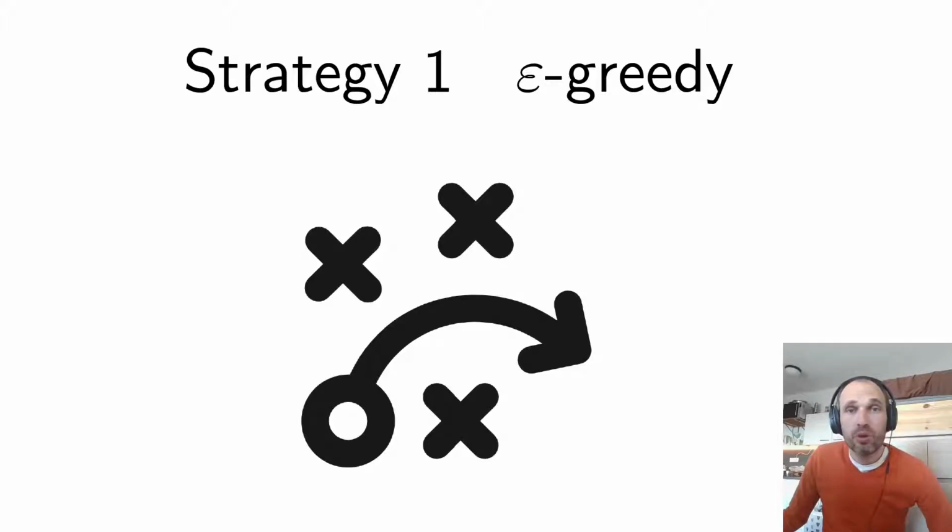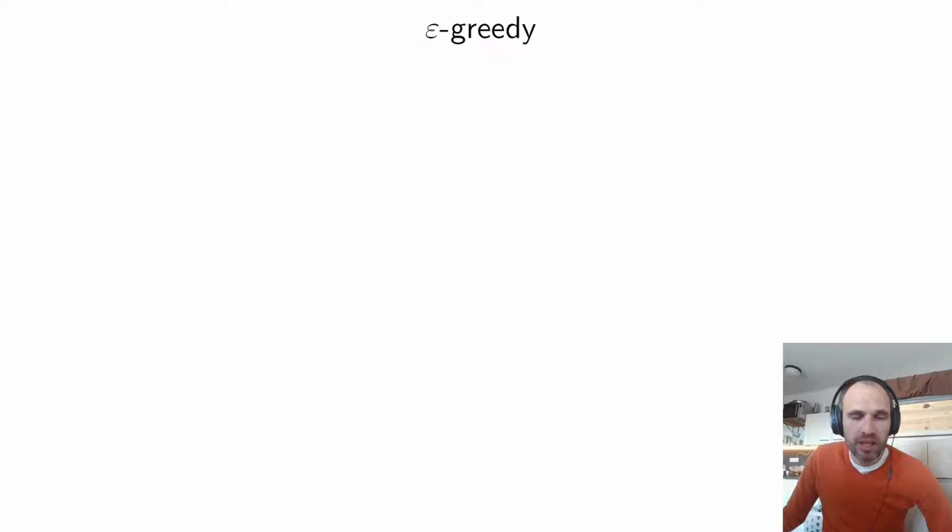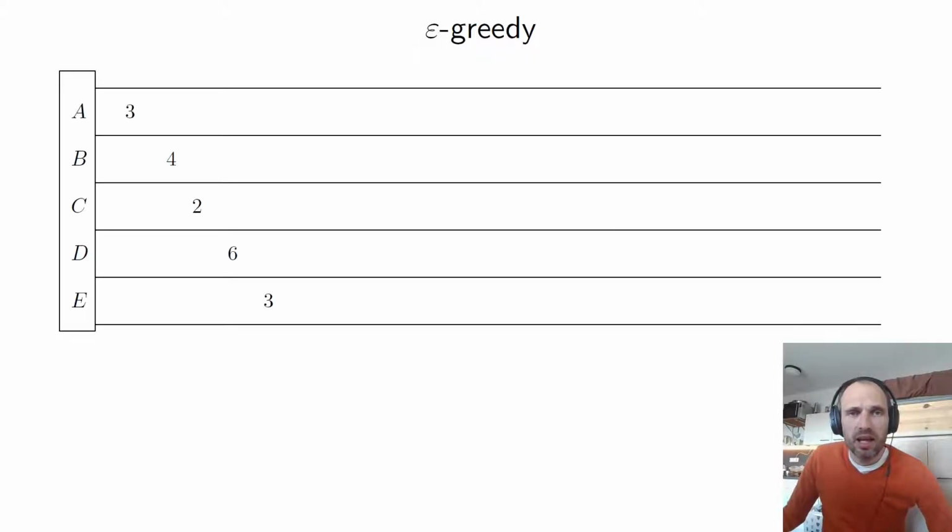Okay, so how to solve this multi-armed bandit problem? There are a bunch of strategies. Strategy 1 is epsilon-greedy, and epsilon-greedy consists of 2 different types of strategy. So let's imagine we have some initial values already, we just pulled every lever once.